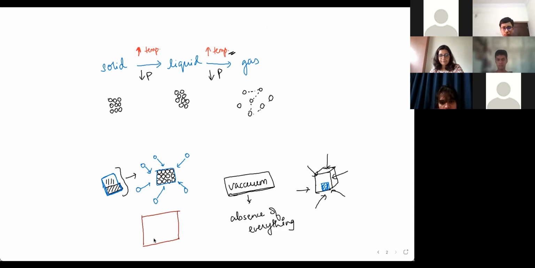If we keep this ice here, there is 1 atmosphere pressure on the ice, but because this is a vacuum chamber, there is no air inside it, there is nothing inside it, this is at 0 atmospheres. There is no pressure at all.